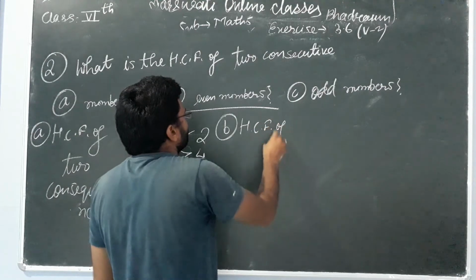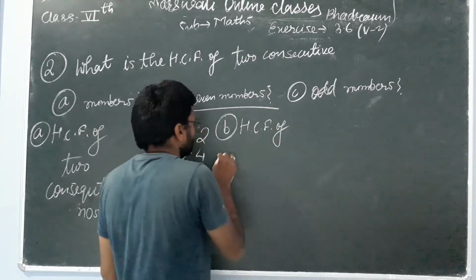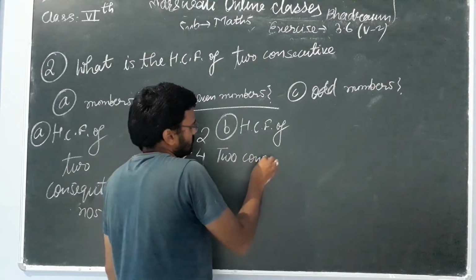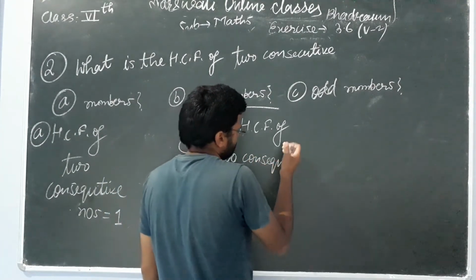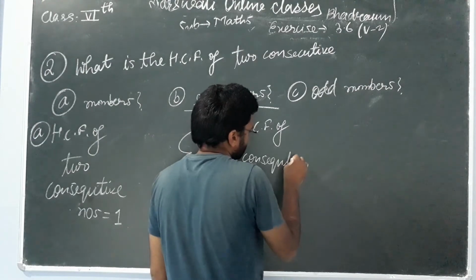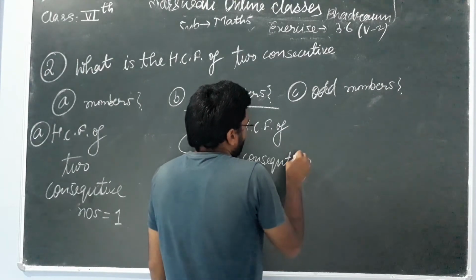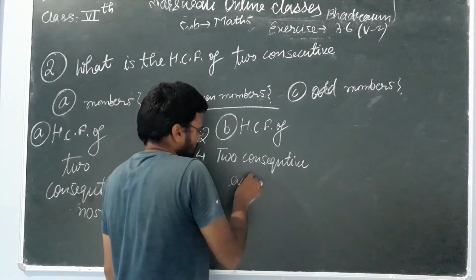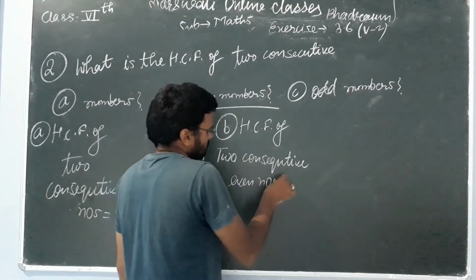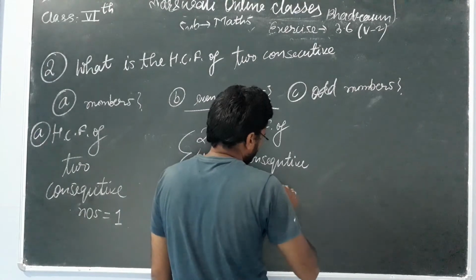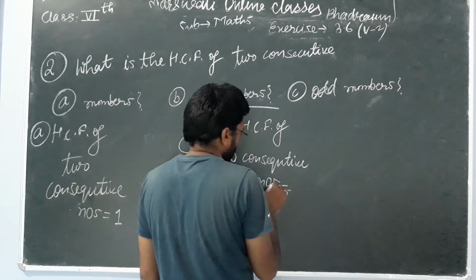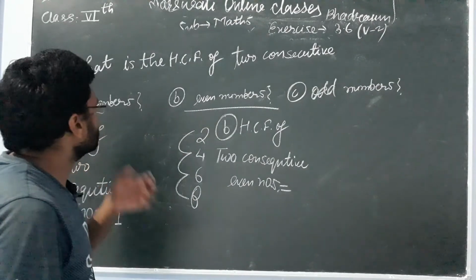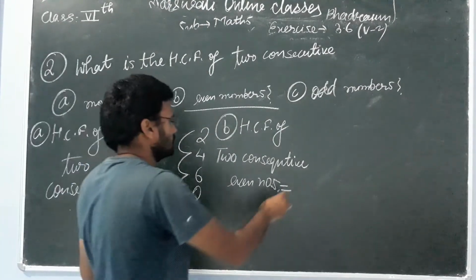HCF of two consecutive even numbers is always 2.